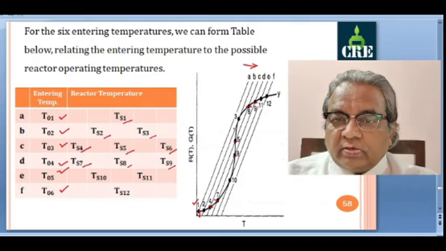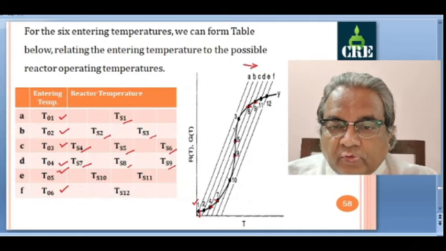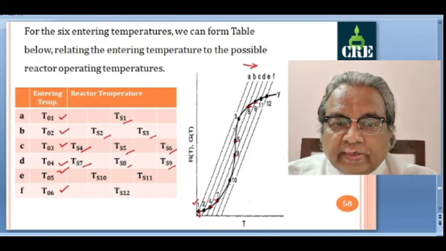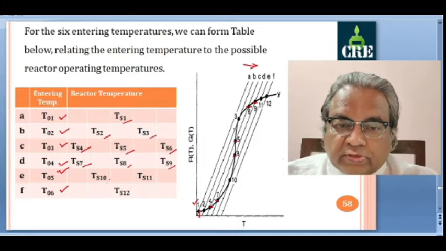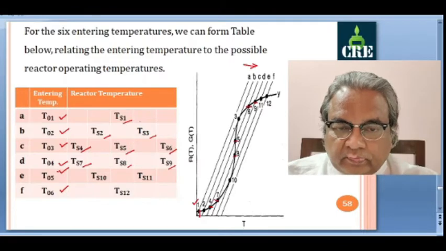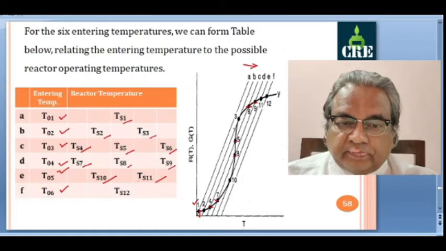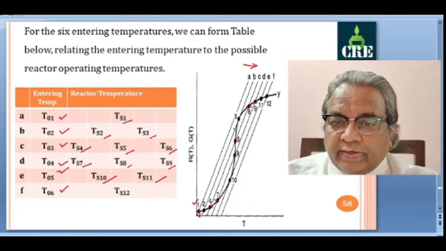If you proceed further, if you take some line here denoted by E, it is intersecting here at point 11 and at point 10 it is just a tangent. Similarly, as it was at point 3, it is just touching. But that also we consider as a point where these two values are matching. Ts10 and Ts11.